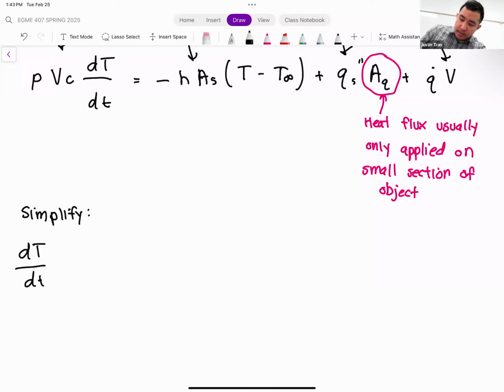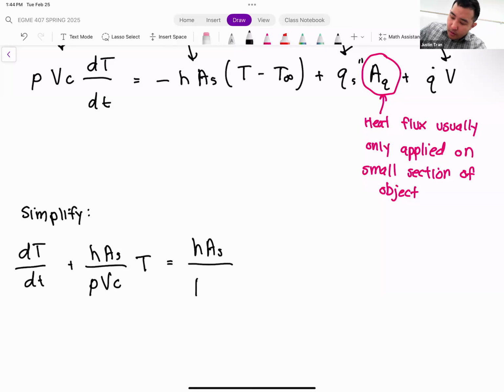Okay. Plus hAs all over rho V times C times T. So that's familiar. That comes from our convection term. This is equal to hAs divided by rho VC times T infinity. Okay.